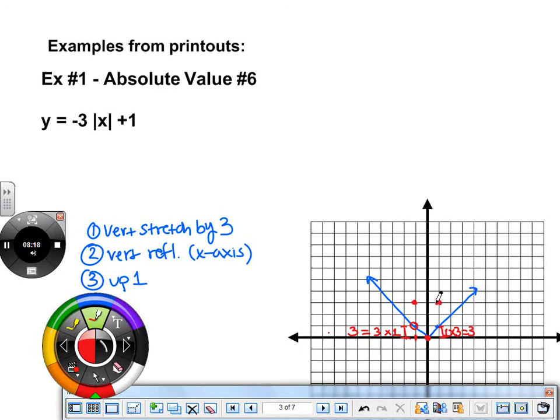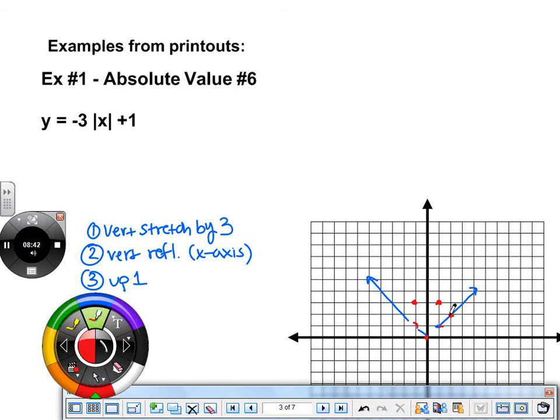This point, if you're having a little bit of trouble understanding that, just look at it one more time with one other point. If you looked at this point right here, how far vertically is that from the vertex originally? Just vertical distance. 2 units, right? So with our stretch of 3, we take 2.